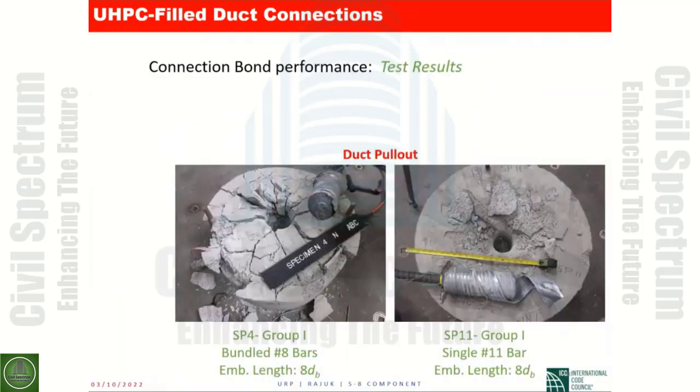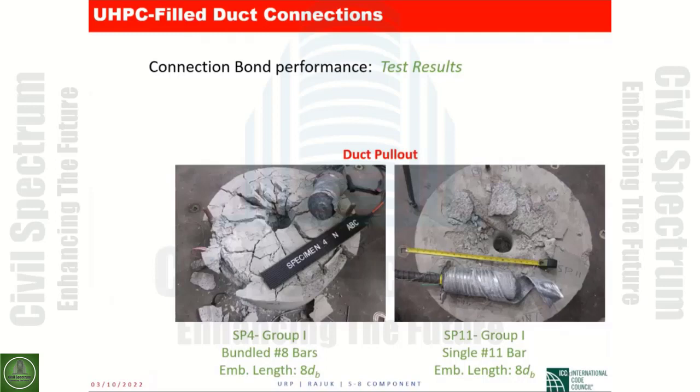As you can imagine, in some cases we had the bar pull out, but in some cases we had the entire duct pulling out of the specimen. You notice here there are a couple of samples. One has number 8 bars, the other one has number 11 bars, and you notice the entire duct was pulled out. So there are two modes of failure that you could have.